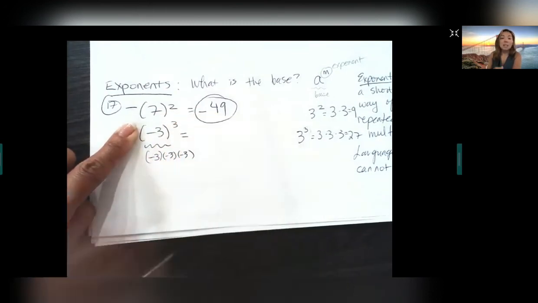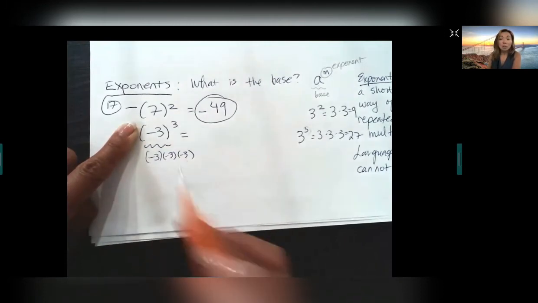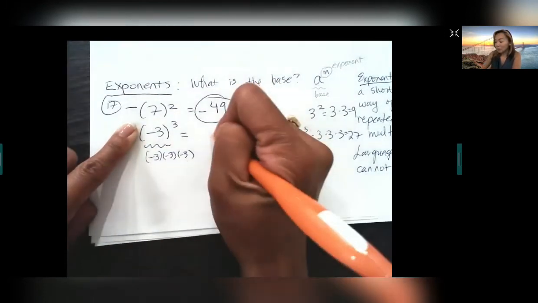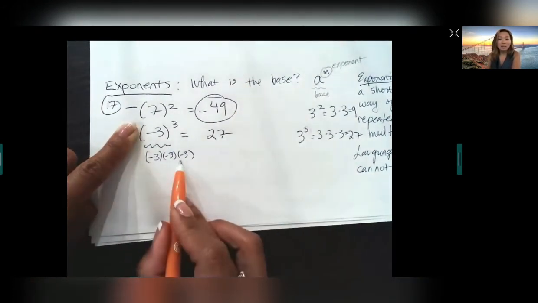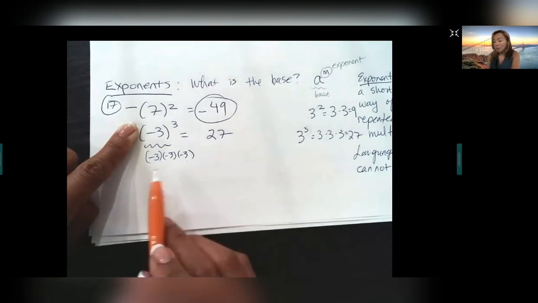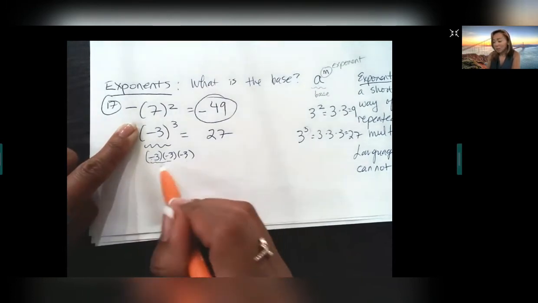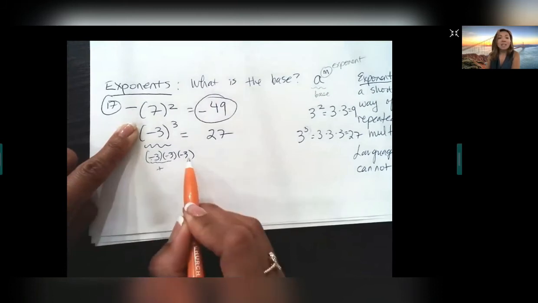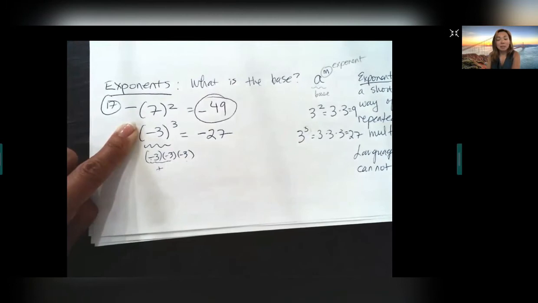So 1, 2, 3, 3 times 3 times 3 is 27, right? I get 27, and is it going to be positive or negative? It's going to be negative because a negative times a negative is a positive, and then positive times a negative becomes negative. So here it's a negative 27.